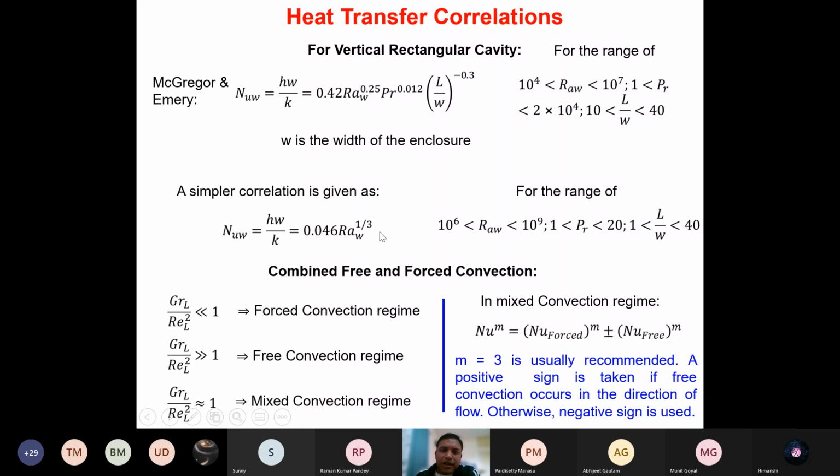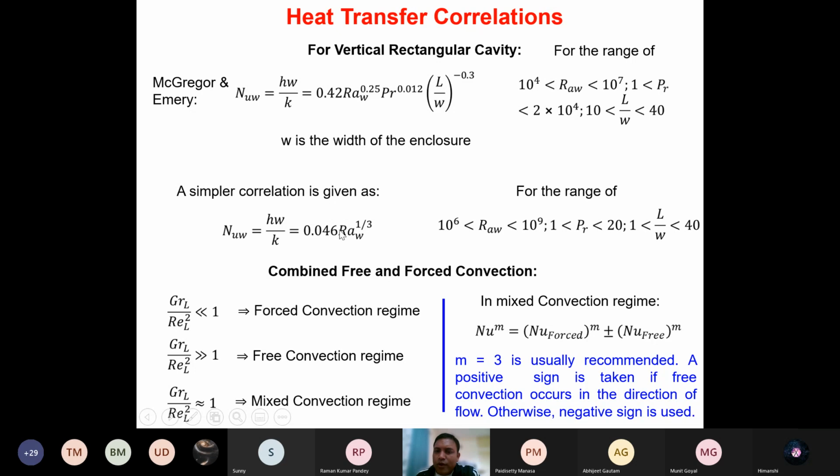So another equation is given. This is a slightly simpler equation. Nusselt number again calculated in terms of width of the rectangular cavity is given as hW by k. Here W is the width of the cavity, and the Nusselt number is given as 0.046 Rayleigh number raised to the power 1 by 3.